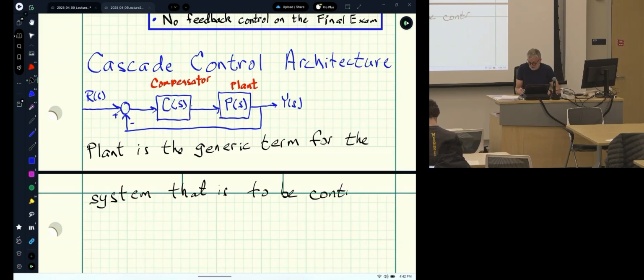So the plant is fixed by you, the engineer. You designed it, you designed the Segway, you designed in Rob 311 the Ballbot, etc. So this is the reference, just like before. And then this is the output. And if you want to note the error, we can include that too.